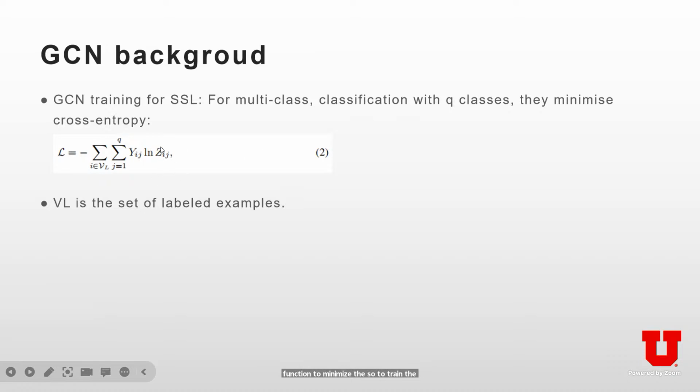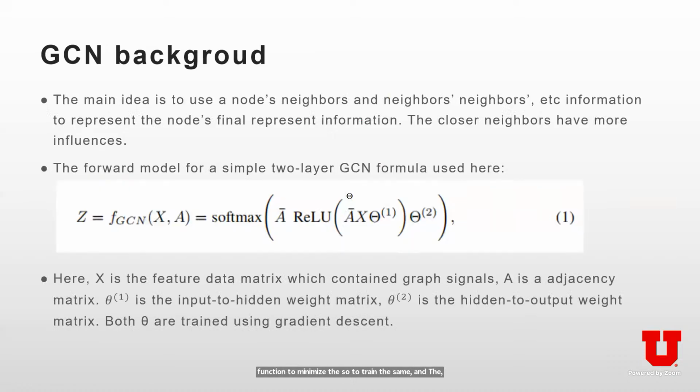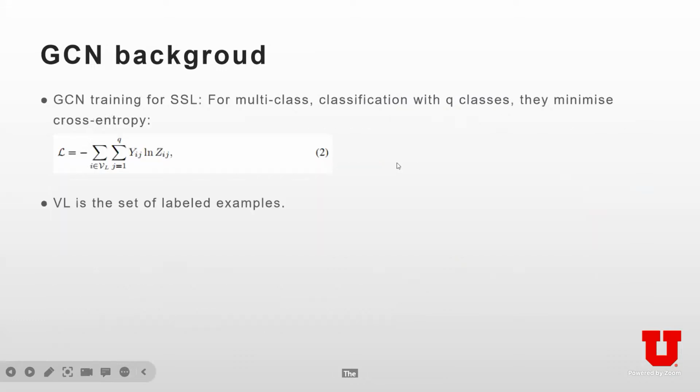Z_il is the output from the two-layer GCN, and Y_il is the label. It isn't mentioned in the paper, but I think it represents the expected label of the unknown nodes.